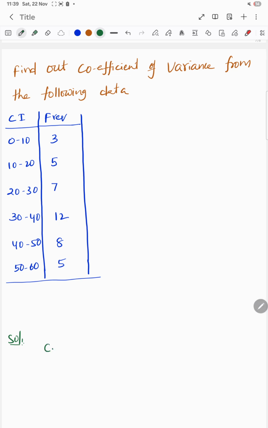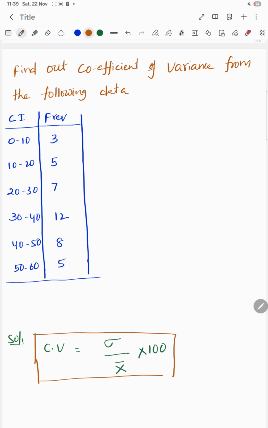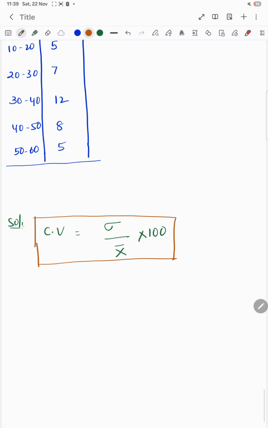As we know, coefficient of variance is calculated by standard deviation divided by arithmetic mean into 100. This is the formula for coefficient of variance, where x bar means arithmetic mean, and this arithmetic mean is calculated by summation of f into x by summation of f.